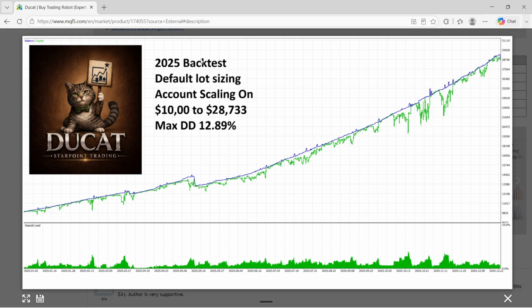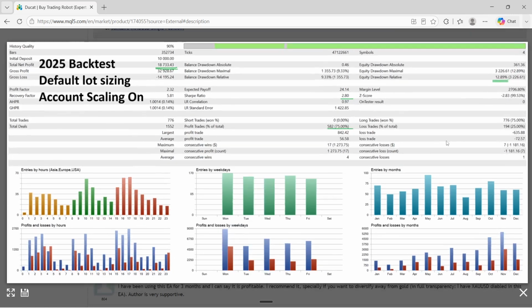This was a 2025 backtest with default lot sizing. You can see the equity curve, it looks smooth, moves cleanly to the upside. Let's take a look at some of the other screenshots. All right, so in this case, for an initial deposit of $10,000, there was a total net profit of $18,733. The profit factor was 2.32 and the balance drawdown was 9.33%.